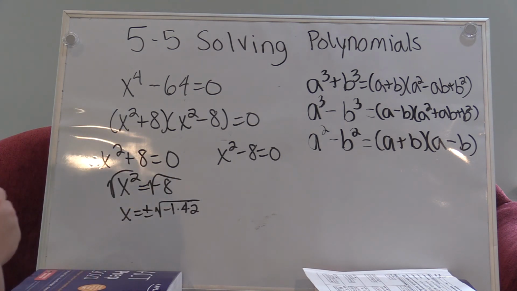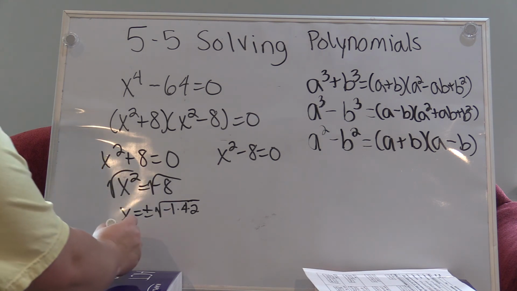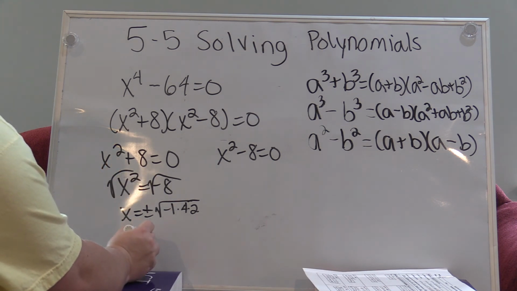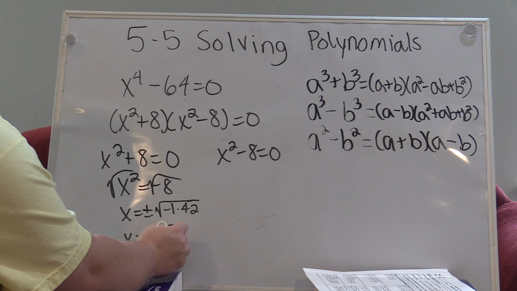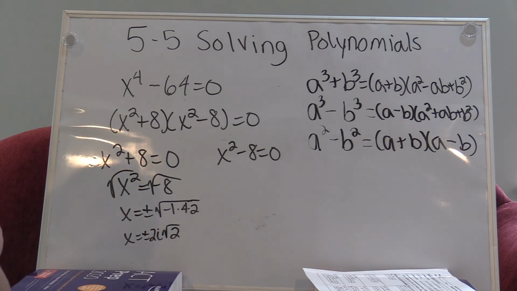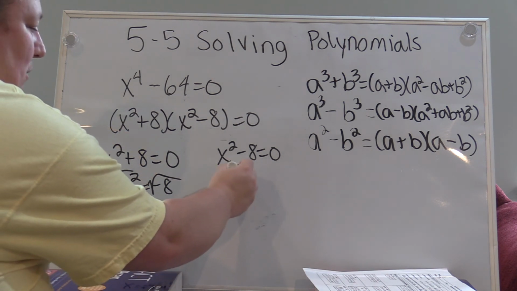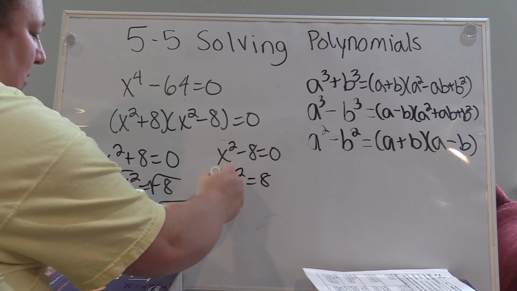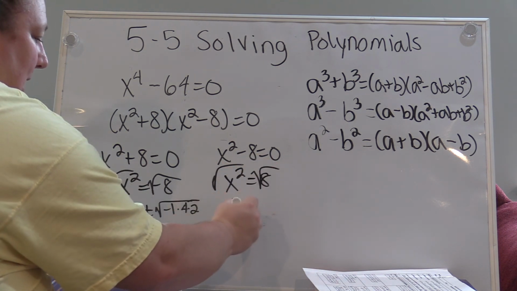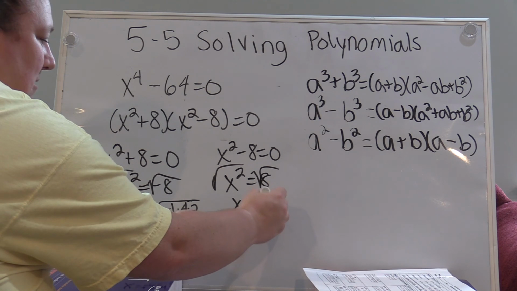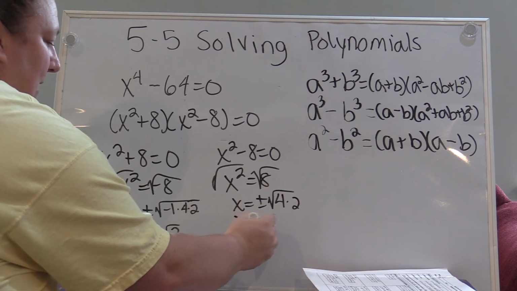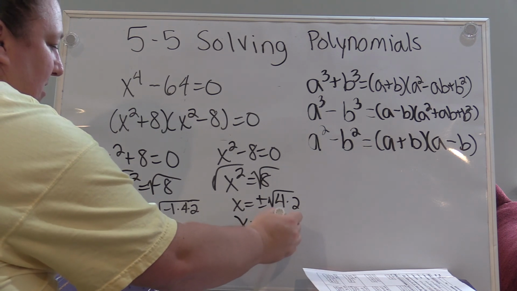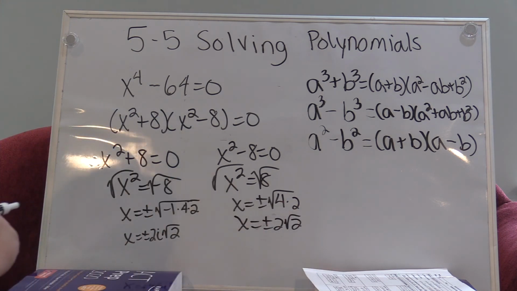By breaking that down, I can easily see that x equals plus or minus the square root of -1 is i, the square root of 4 is 2, square root of 2. That's 2 of my answers. And then x squared equals 8, square root of both sides. X equals plus or minus the square root of 4 times 2. So x equals plus or minus 2 square roots of 2. And there's my other 2 answers.